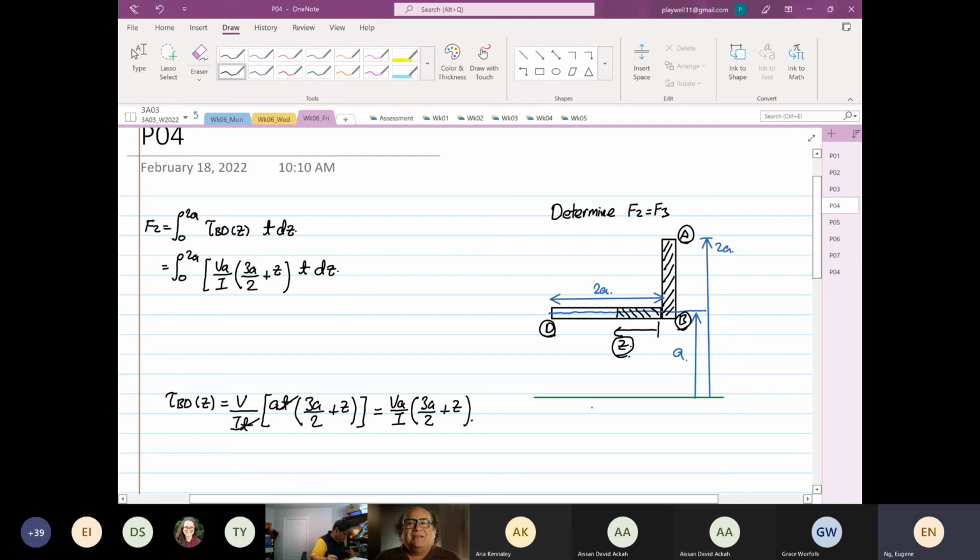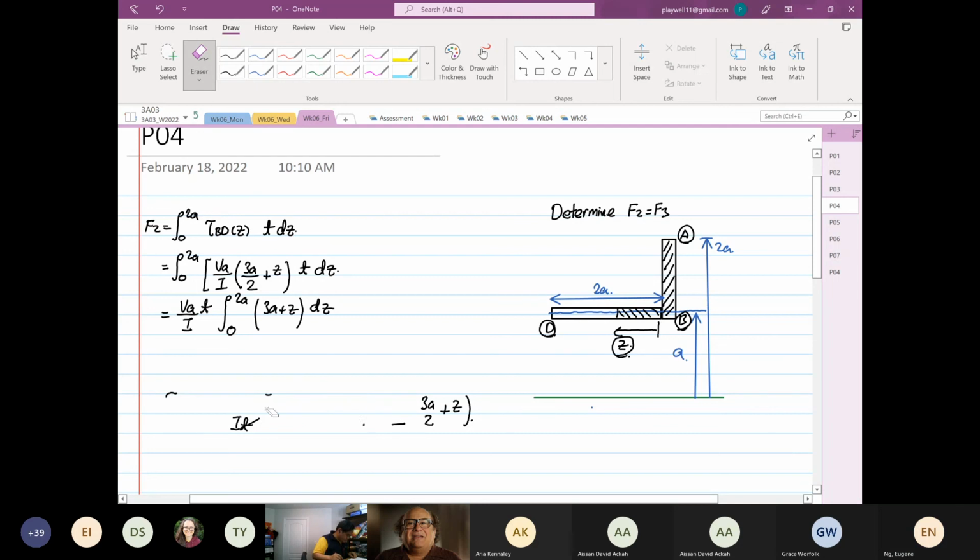Okay. So we know that VA, VAT and I are constant. We leave it out. We just need to integrate 0 to 2A of 3A over 2 plus Z dz. Okay, so I'll get this out. So very simple integration.